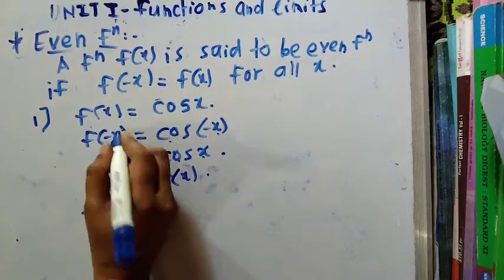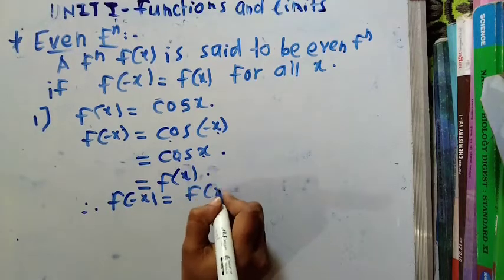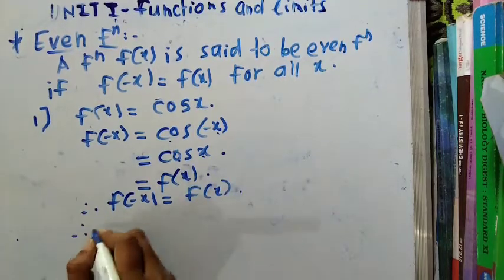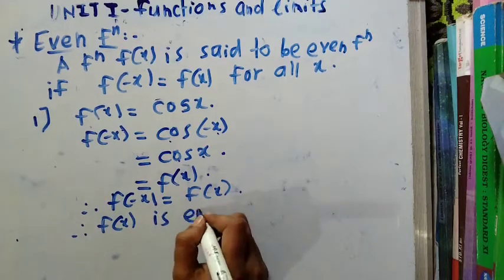So here f of minus x is equal to f of x, hence f of x is an even function.